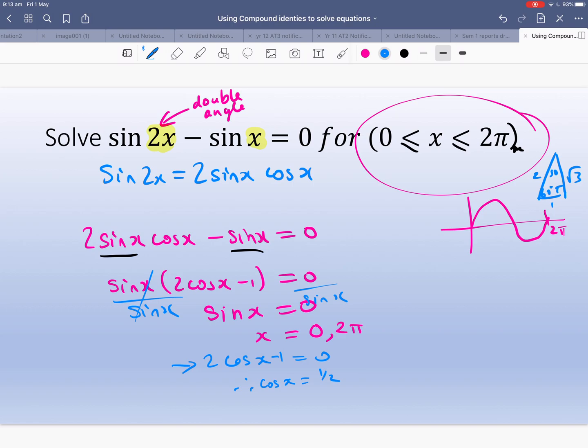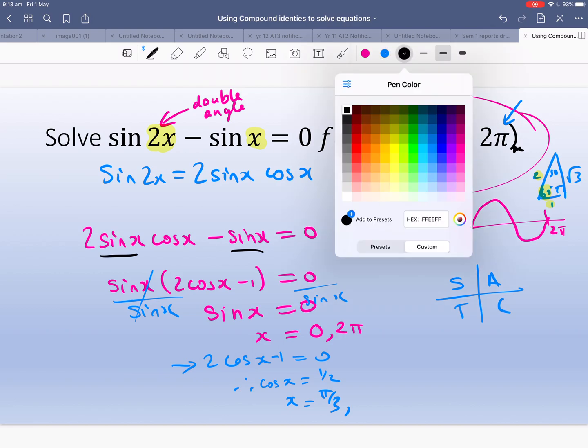So cos is adjacent over hypotenuse, and so it looks like that's adjacent, that's hypotenuse, so it looks like our related angle is going to be 60 or pi on 3, because we're in radians at the moment, so x equals pi on 3. But we have to use all stations to central to find our second solution.